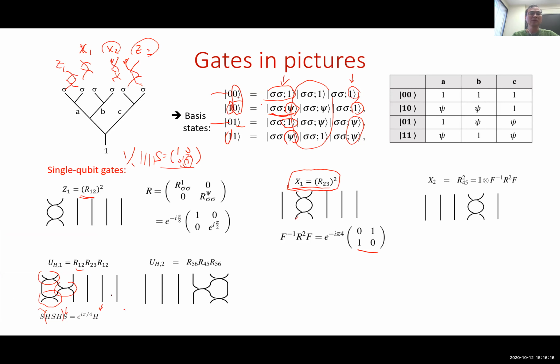Okay, and the diagram of the Hadamard gate on qubit 2 is the reverse. It's really a sort of mirror symmetry in the diagram.